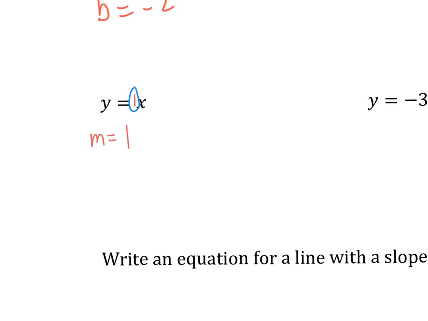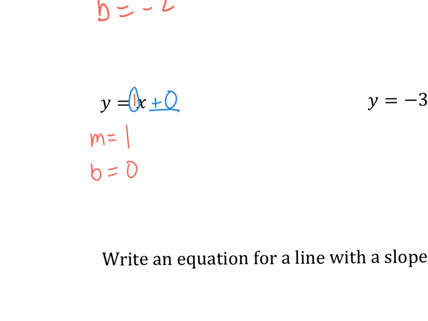We also don't have anything over here. We're not adding or subtracting any numbers, so that's really like we're adding 0. Adding 0 is the same as not really doing anything to that number. So in this case, our y-intercept is going to be 0. Our slope is 1 and our y-intercept is equal to 0.